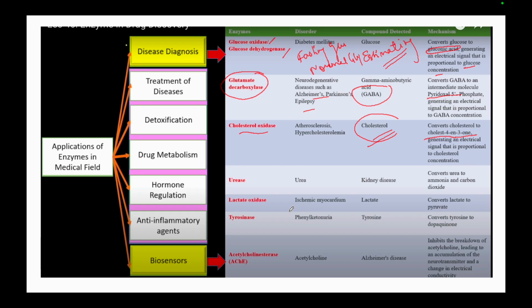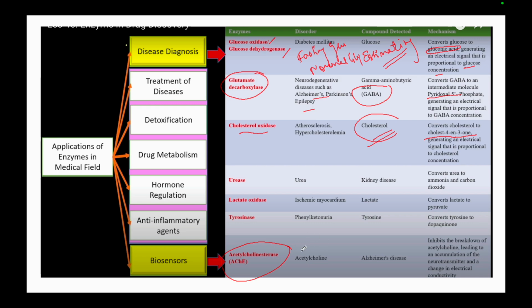Then we have the urease enzyme that will break down urea into ammonia and carbon dioxide. Then we have lactate oxidase, tyrosinase and acetylcholinesterase. As we studied in the previous class, acetylcholinesterase is present in the nerve endings and is responsible for muscle contraction.